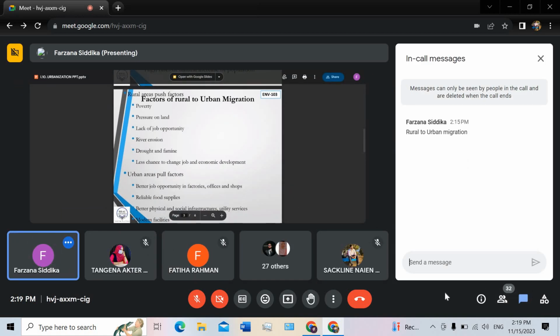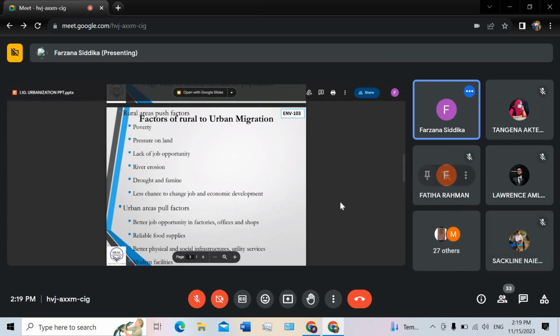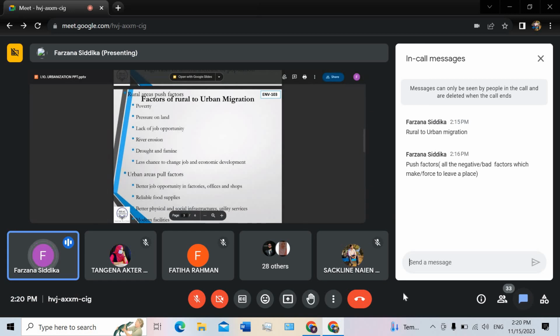So push factors: all the negative and bad factors which make or force people to leave a place.